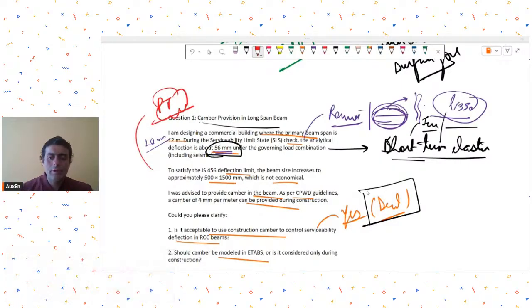Okay, deflection is a main issue for you. The flexural criteria has been taken care of. So think about whether it is possible for you to include the pre-tensioning aspect in this type of beam. Okay. All right.